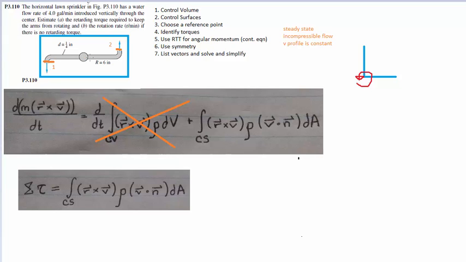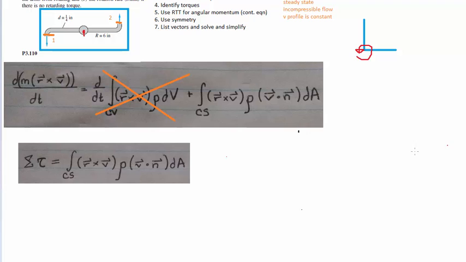If that's not clear now, hopefully it'll be in a little bit. So in the interest of having the most symmetry possible, I'm going to choose this as my point of reference. So the center of this sprinkler system right here. That's a terrible dot, but you're going to have to go with me on it, okay?